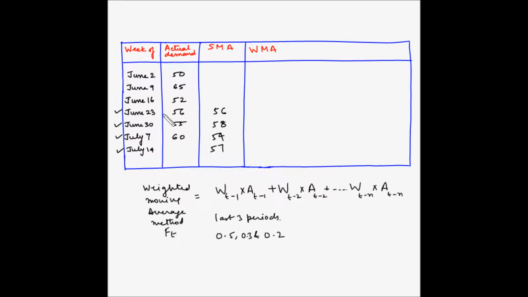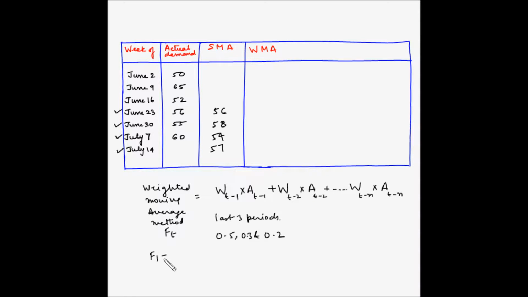So again we have to find the forecast for the week of June 23rd, week of June 30th, week of July 7th and week of July 14th. So let's first start with the week of June 23rd.